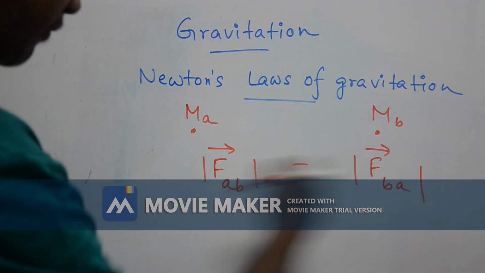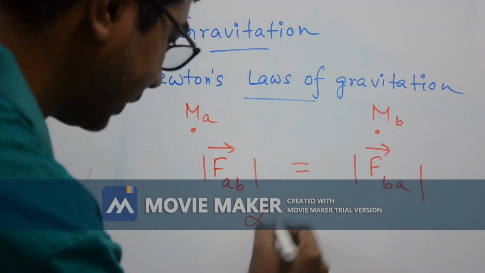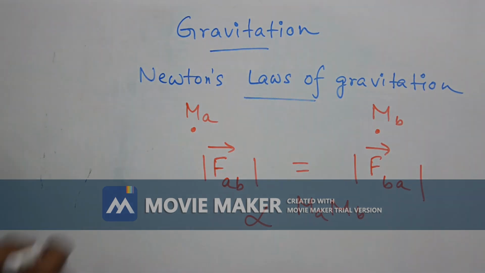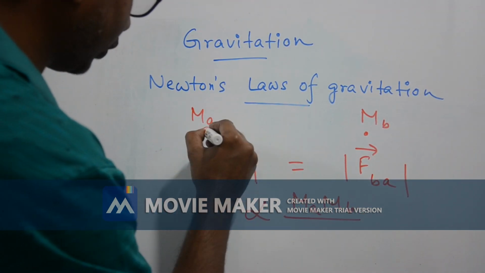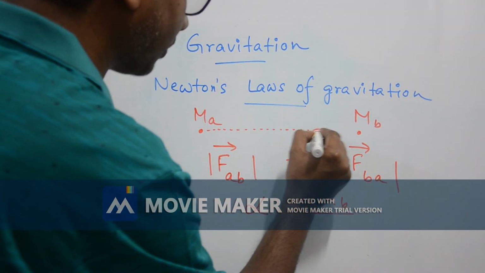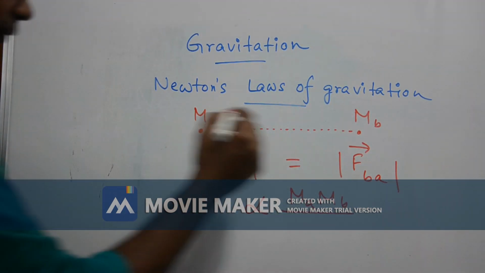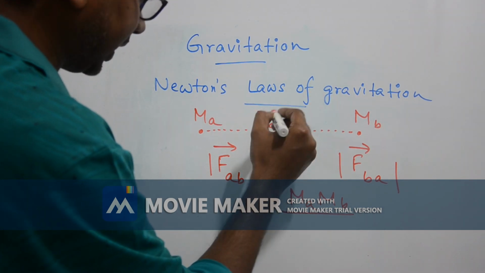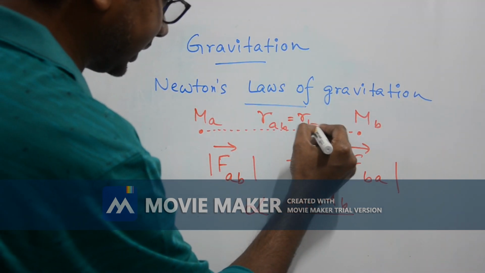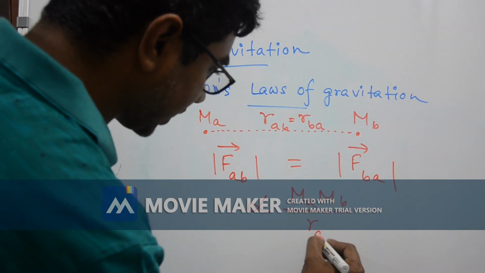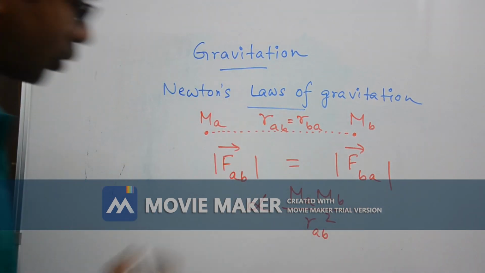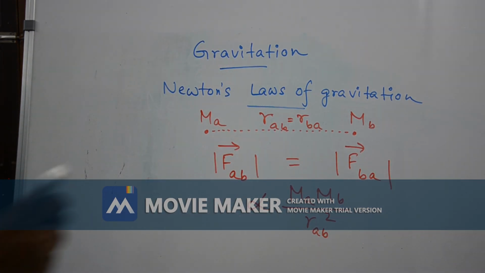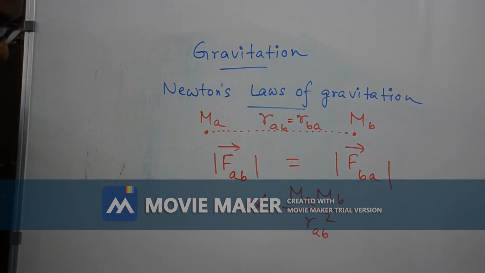The magnitude of both of them is directly proportional to the product of these two masses, and if we join these two objects by a straight line and call the distance between them RAB or RBA, whatever, because both are the same thing, it is inversely proportional to RAB whole square. That's what Newton's laws of gravitation tell us.